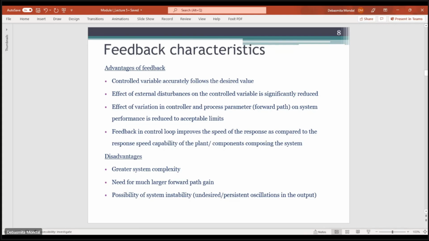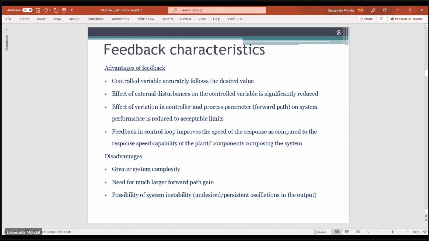So you are unable to control any interference happening to the output, or any modification to the output signal because of unintended signals like disturbance and noise. If we use feedback, the control variable follows the reference value very accurately.